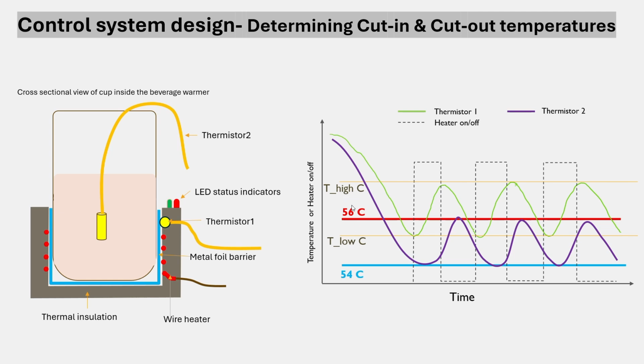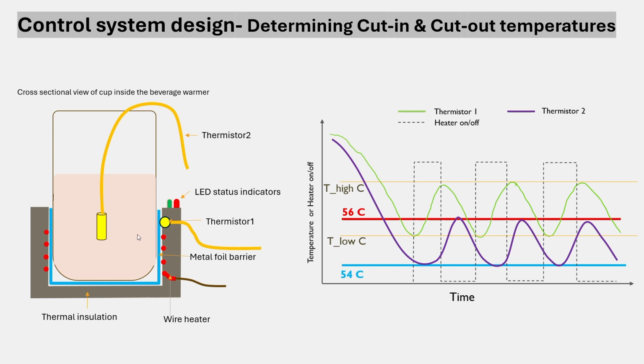How do you find T low and T high? And first of all, why are these two temperatures different? So think about it. You have two temperatures. When the heater heats, the heat goes to the water and heat goes to the thermistor in two different paths. First, the water has to heat up. It has higher specific heat than anything that is between the heater and the thermistor.